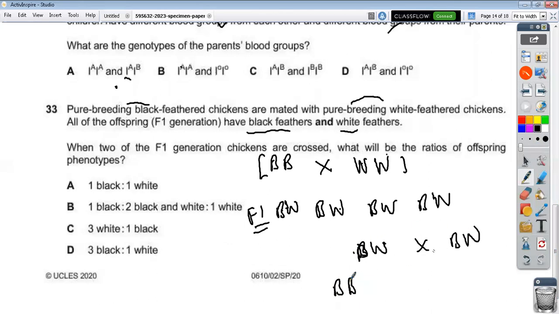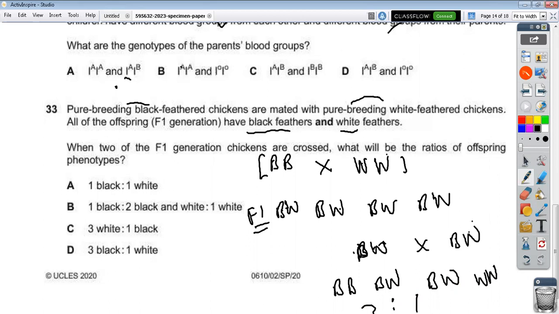I'm sure you're seeing what I'm doing. Then B with this, I produce BW. Then W with B, I produce BW. Then W with W, I produce what? WW. So what's the ratio? 3 is to what? 3 is to 1. Is that correct, what I've done there?